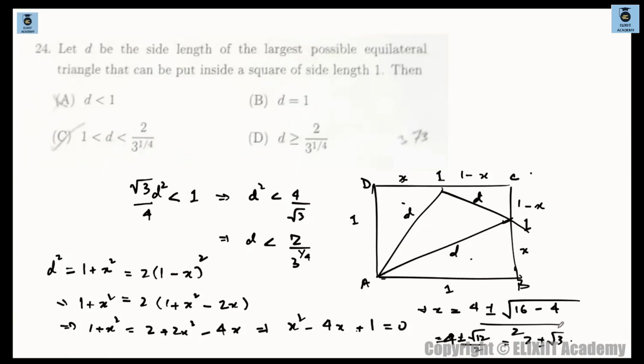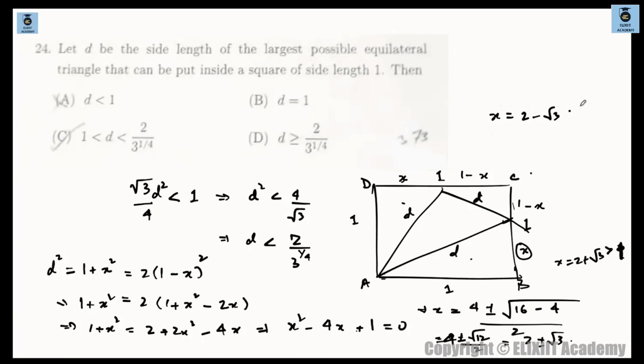Now which one to consider, plus or minus? Here x has to be less than 1 because the total length is 1. 2 plus root 3 is more than 1, so this cannot be. So x must definitely be 2 minus root 3.